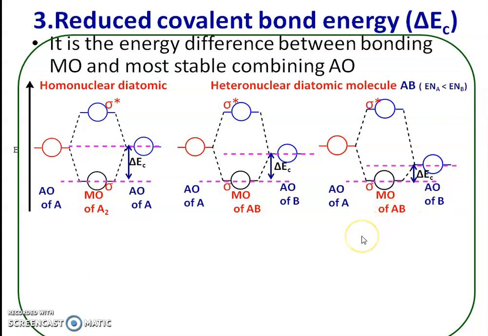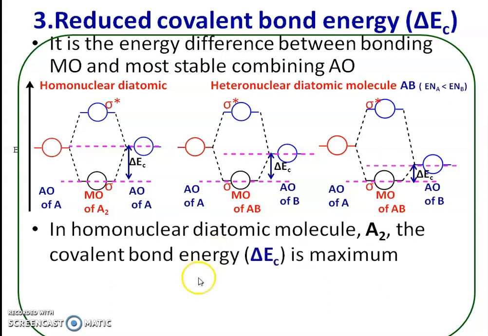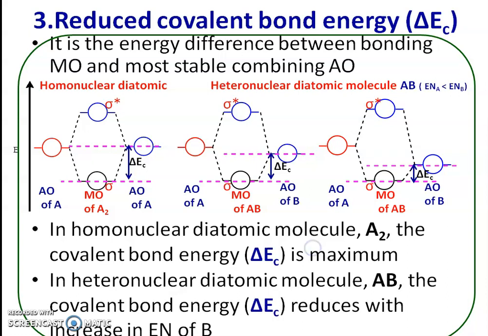And therefore the important point is, in case of the homonuclear diatomic molecule A2, the covalent bond energy is maximum, whereas in case of a heteronuclear diatomic molecule, the covalent bond energy is less, and there is a decrease in covalent bond energy with the increase in electronegativity difference.